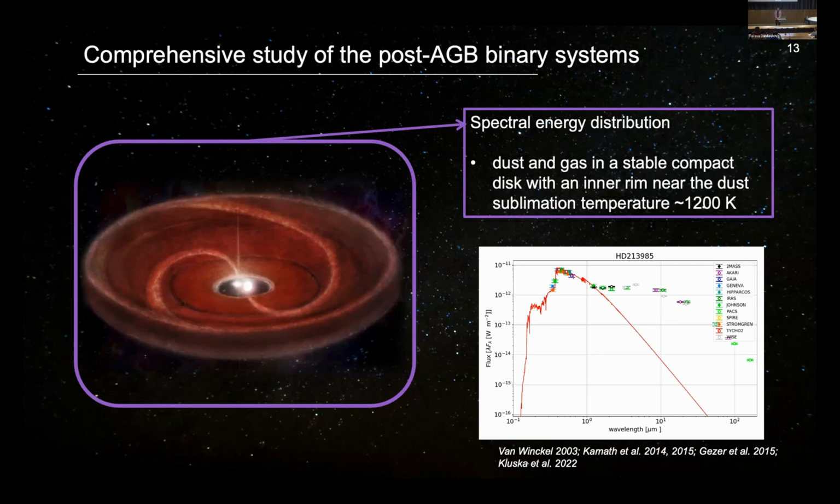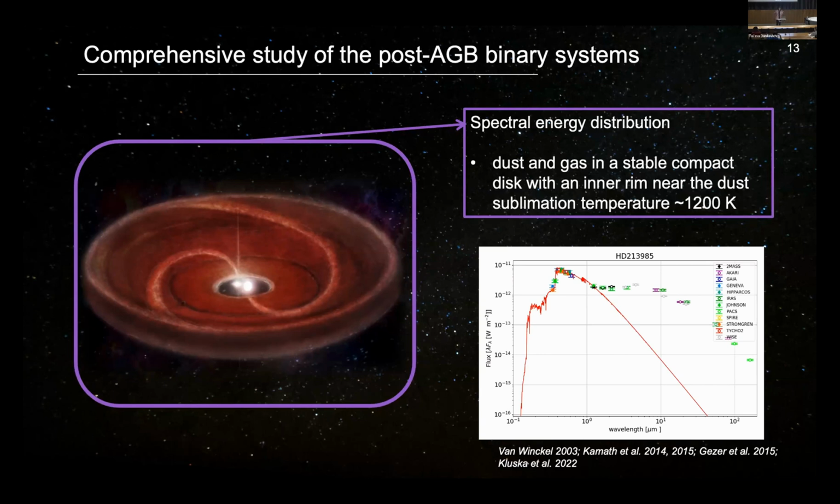Yeah, of course. So, well, we do know how it's formed. We don't yet have the full model that can go from the AGB phase to the stable post-AGB circumbinary disk. But the idea is that during the AGB phase of the primary star, it loses a lot of mass through the stellar wind. And in the presence of a companion, this mass is stripped away even faster by the binary interaction.